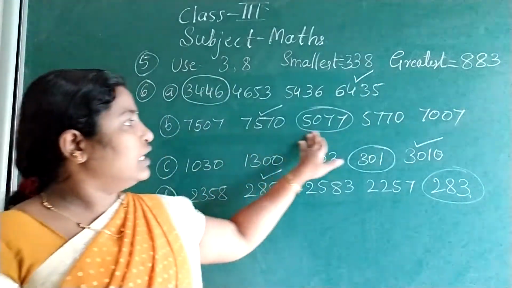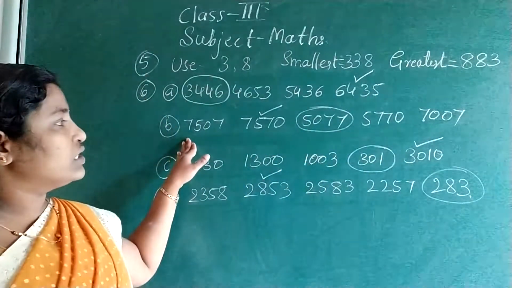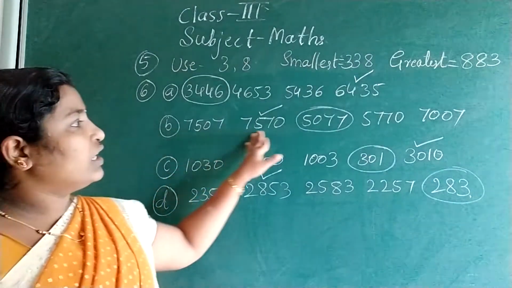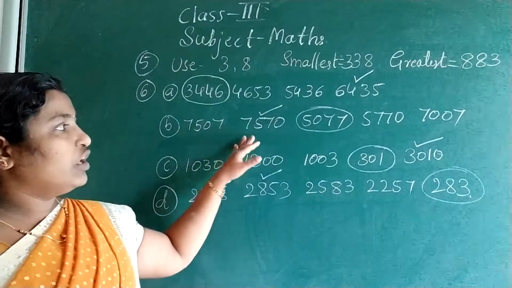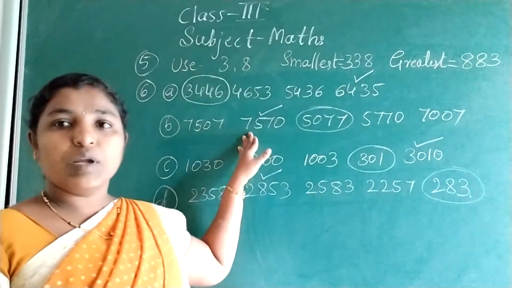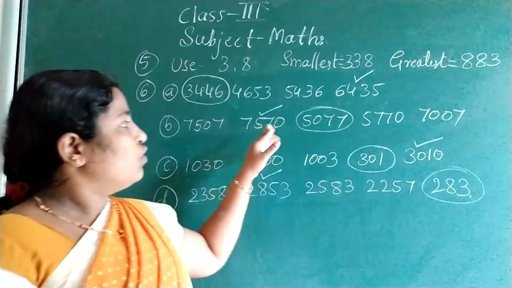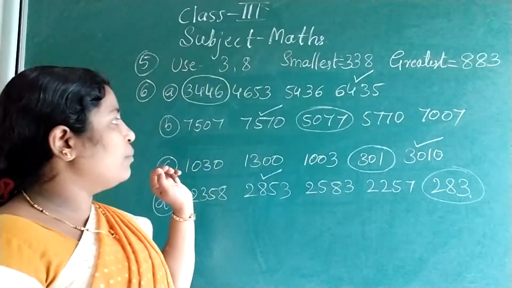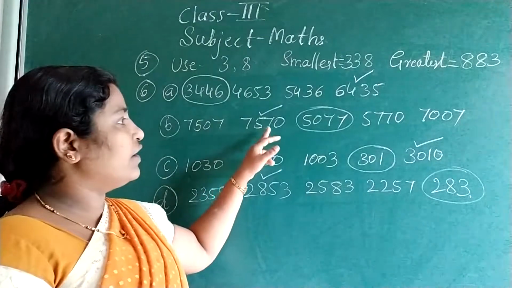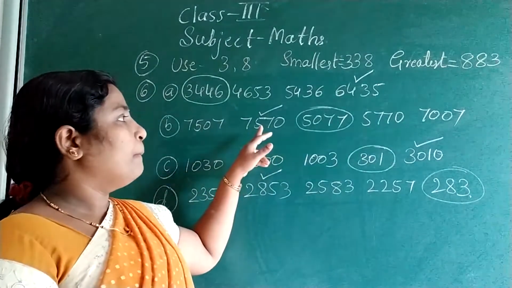And the B side, there were 5 numbers. We checked digit wise, all are equal, 4 digit, and then we checked place wise. So 5077 is the smallest number, 7570 is the biggest one.